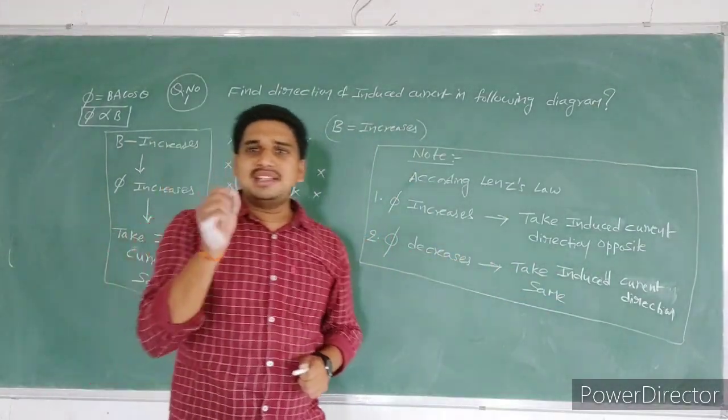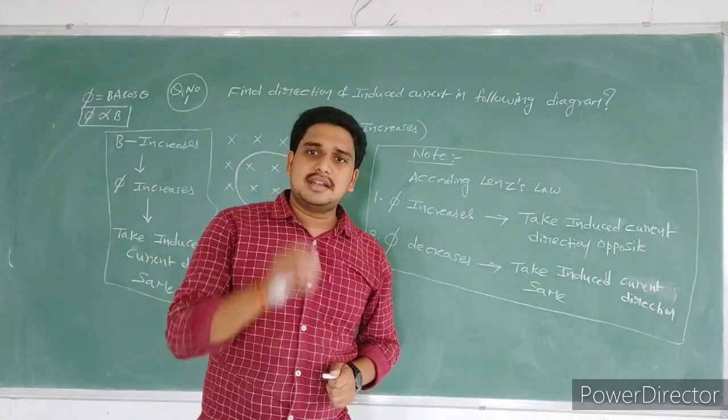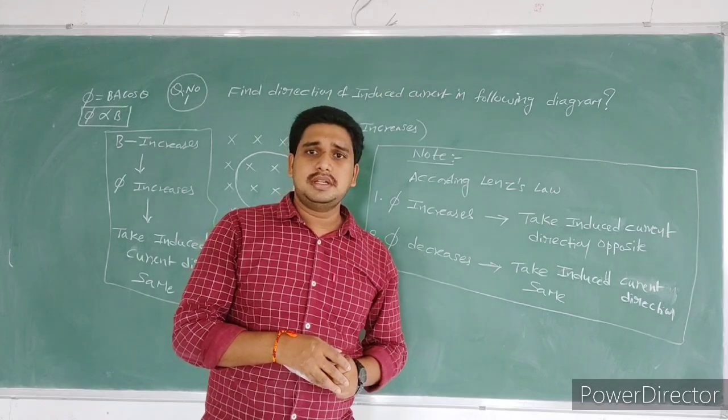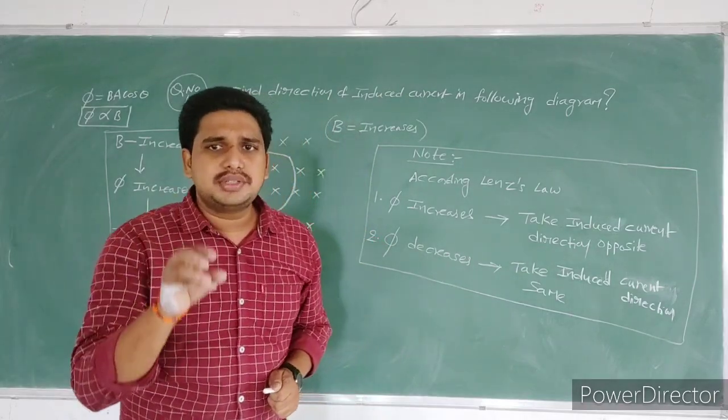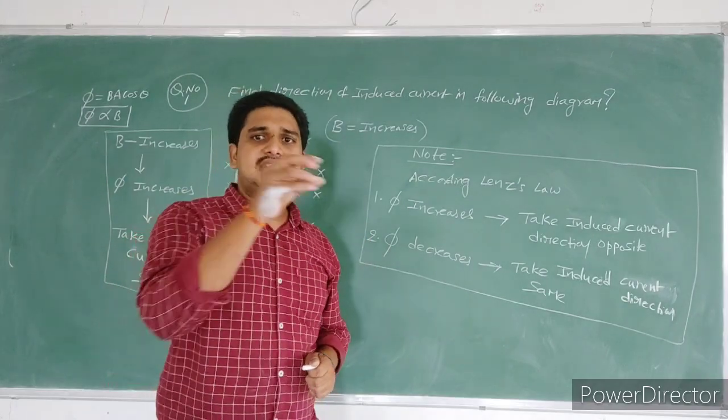What is the meaning of Lenz's law? Lenz's law is nothing but the direction of induced current opposes the change in flux. If flux increases, the induced current tries to decrease the change in flux.